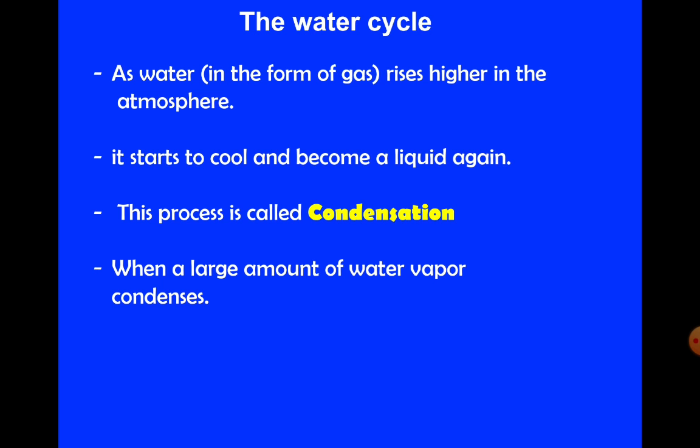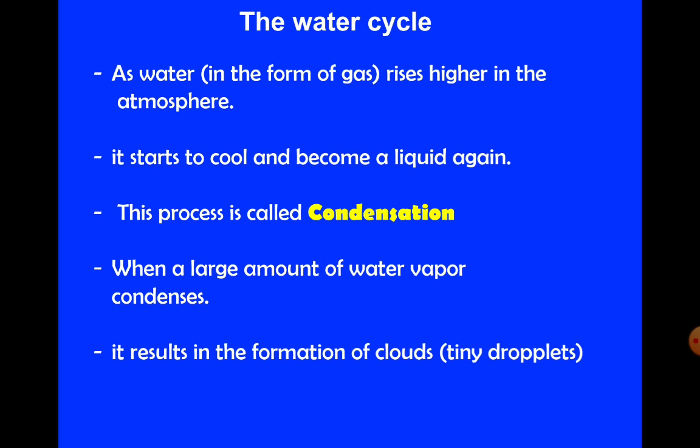So when a large amount of water vapor condenses, it results in the formation of clouds, tiny droplets. So when the water is evaporating, it goes into the atmosphere as a gas. Now think about 1,000 meters high, it's much colder. There is where the water actually condenses, and if a lot of water condenses, it forms clouds.